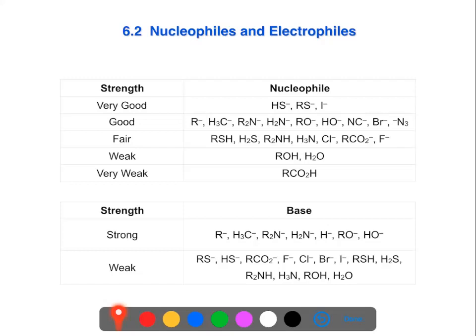When we think of bases, we think of high electron density. We want that electron density to be somewhat localized. If it's delocalized, then its ability to share electron density will go down. So polarizability, in a sense, is like the delocalization of that. It spreads out the charge, but with polarizability, it spreads out the charge just around a central atom.